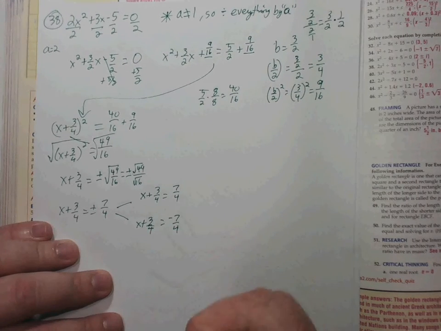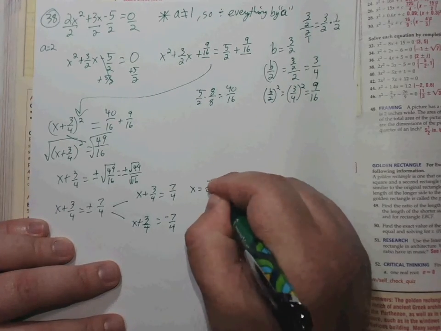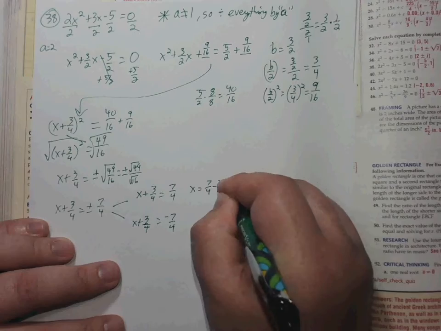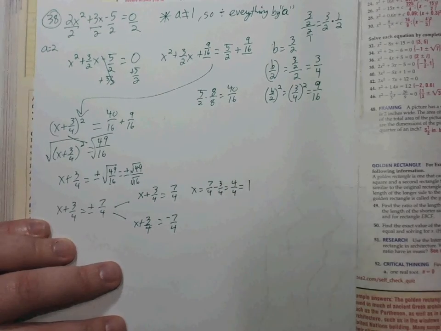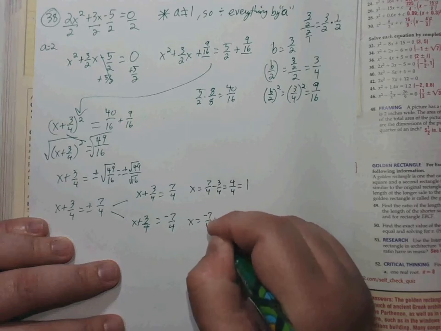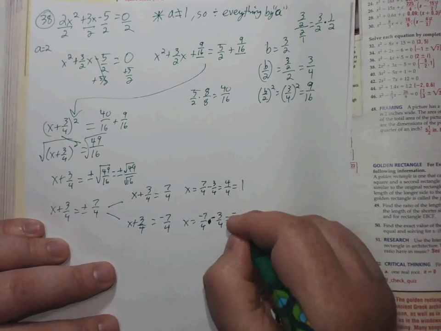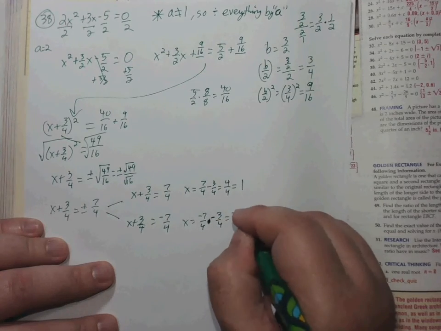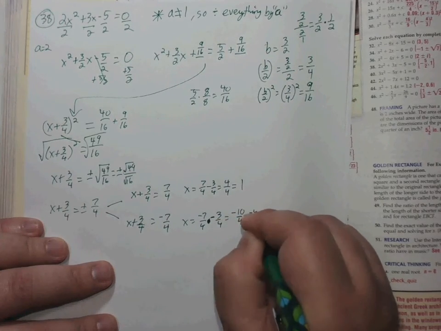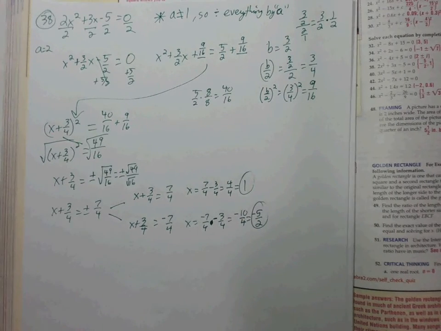So you subtract 3 over 4 from both of them. x equals 7 over 4 minus 3 over 4. It's 4 over 4, which is just 1. And x equals negative 7 over 4 minus 3 over 4. That's a negative 10 over 4. It's a negative 5 over 2. Those are your two answers.